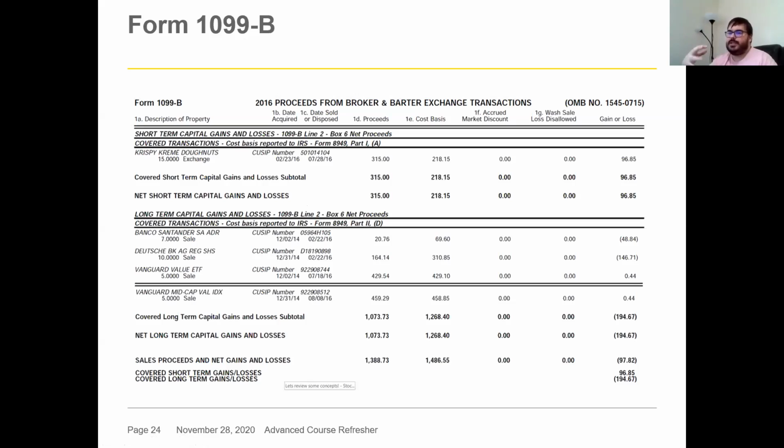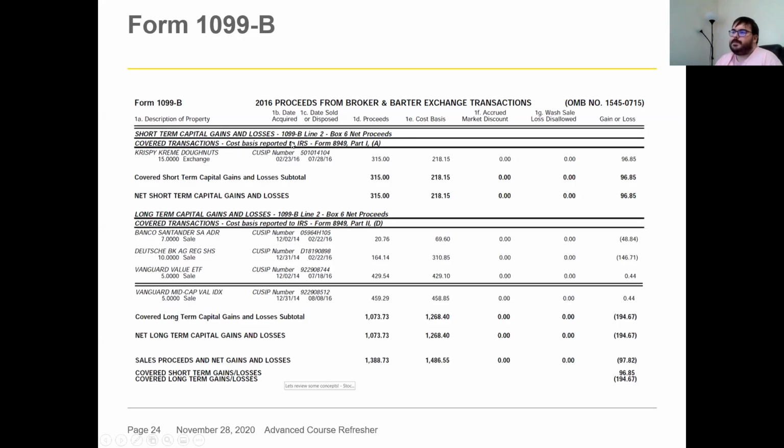It will have the interest, the dividends, but it will also report the sales of stock. And so at some point, there will be a 1099-B, or in a format of what should be a 1099-B. And it will say, okay, was it a short-term gain or loss? Was it a long-term gain or loss? And it will tell you where it should kind of go.